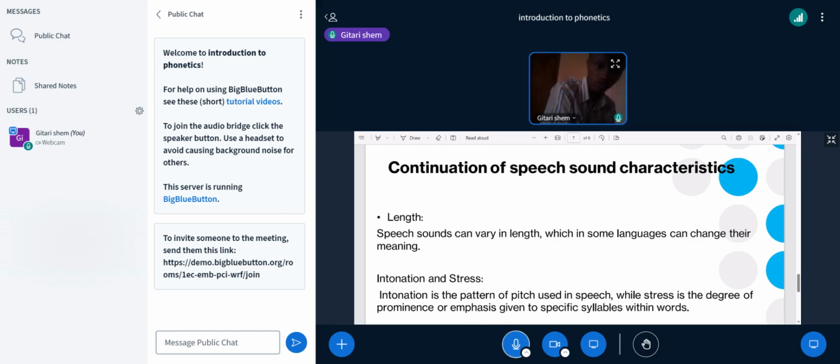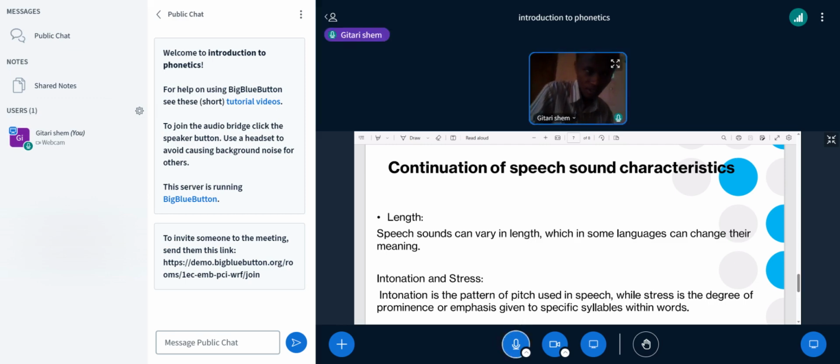So a continuation of speech sound characteristics. There is also the length. The speech sound can vary in length, which in some languages can change their meaning. So when you extend a certain letter, the meaning can change. That means that speech sound varies in length.